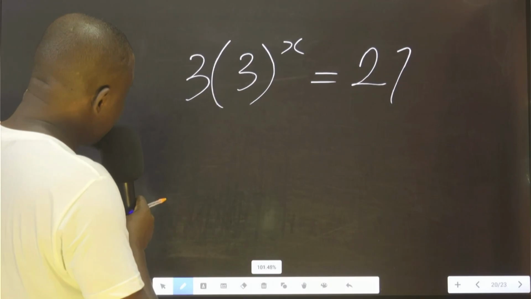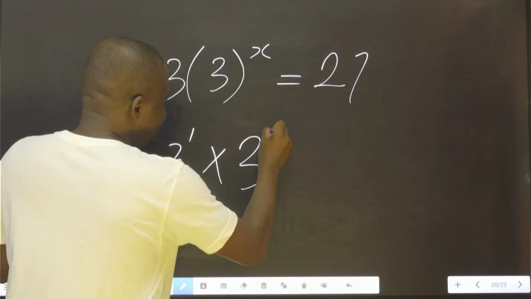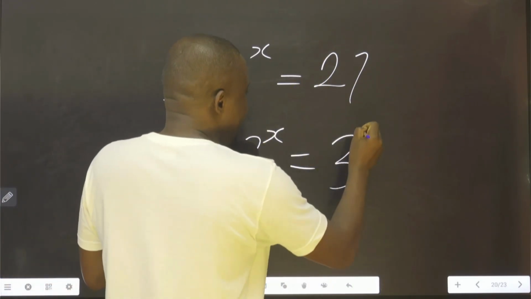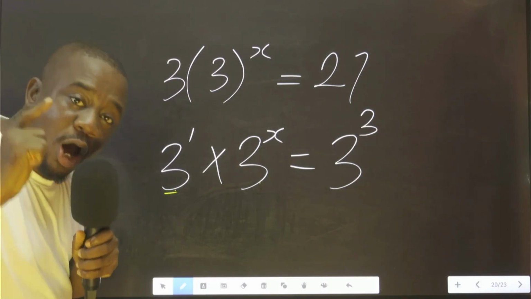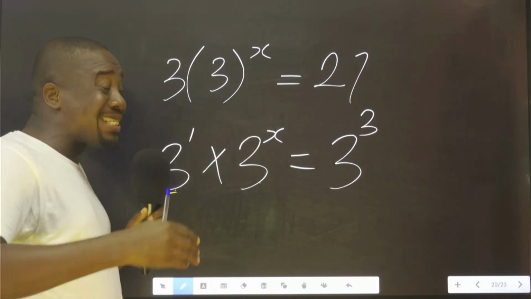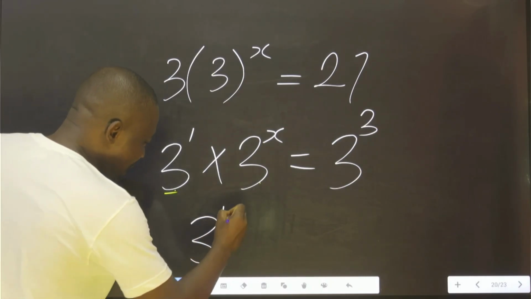Let's look at this too. This simply means 3 raised to power 1 multiplied by 3 raised to power x equals to 3 raised to power 3. These bases are the same. Because the bases are the same, 1 and x are saying we want to be friends. Okay, no problem.